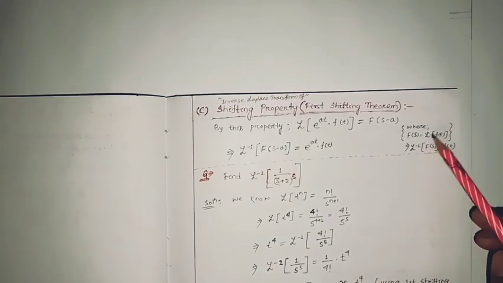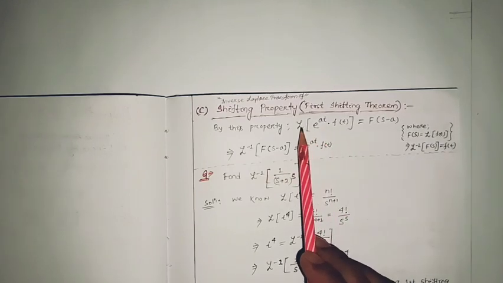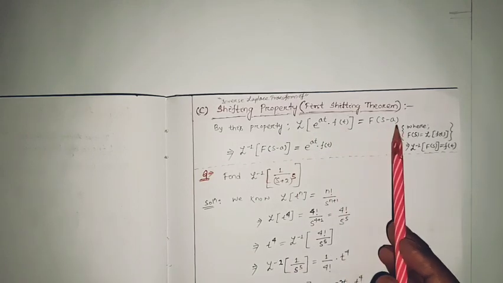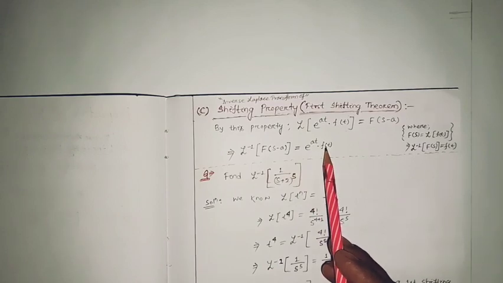Inverse Laplace transform of capital F of s equals f of t. Right? So if the Laplace transform of this one equals this, then obviously the inverse Laplace transform of this one will be equal to e to the power at into f of t.